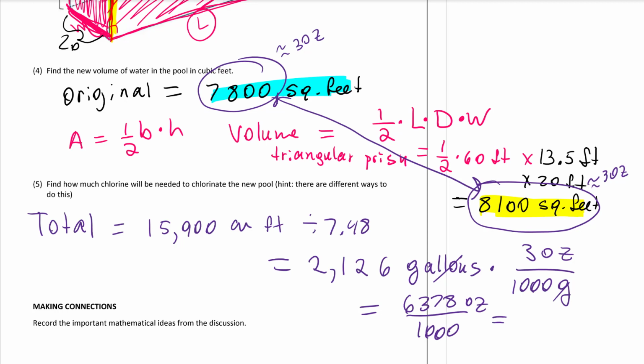This is in ounces because that's what's left. That will give us about 6.4 ounces of chlorine, so that would be a more precise calculation. But listen, if you use 6, that would be good enough, because when it comes to chlorinating such a big volume of water, a little bit less would not hurt. You don't want to over-chlorinate the pool, but a little bit under would be okay.